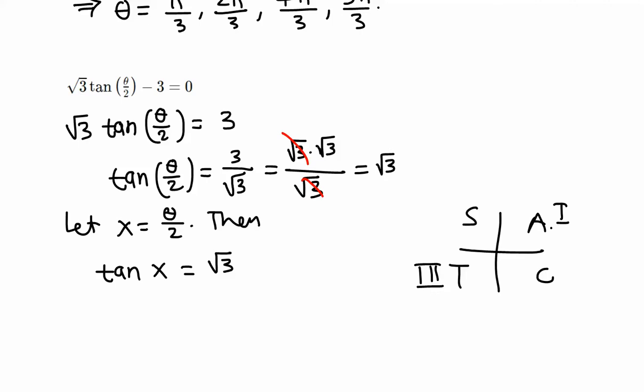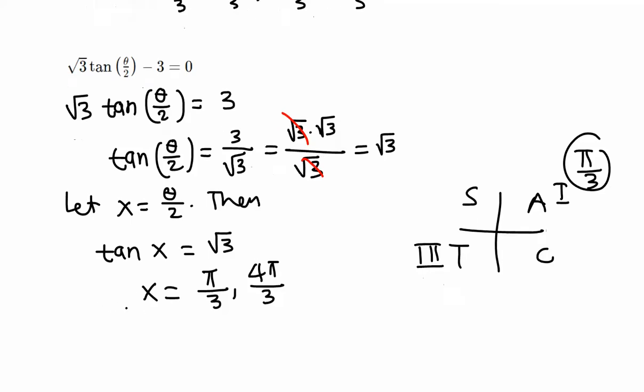In the first quadrant, we know that tangent of 60 degrees is root 3, so pi over 3 is the first angle. In the third quadrant, it is 4 pi over 3. So x is pi over 3, and here is 4 pi over 3. We don't have to add 360 in this case. In fact, this might even be outside of the range, since it's half of theta.